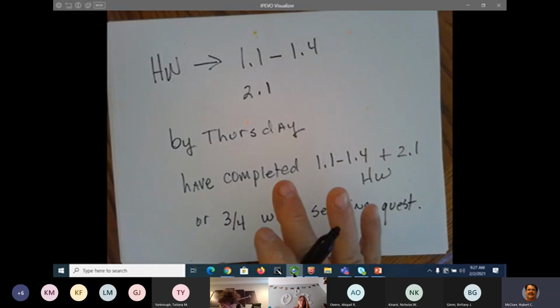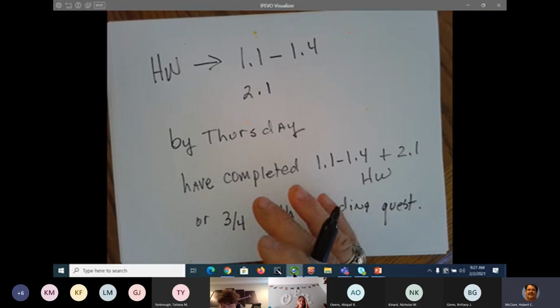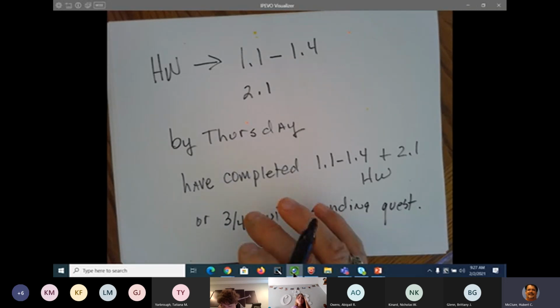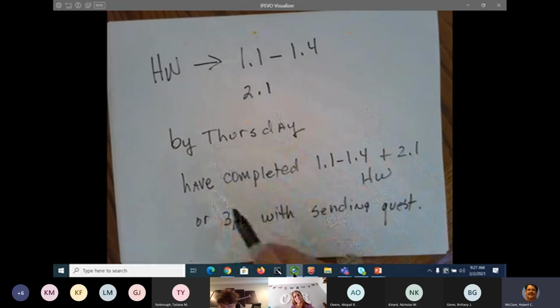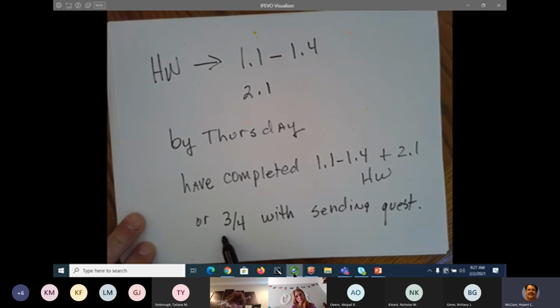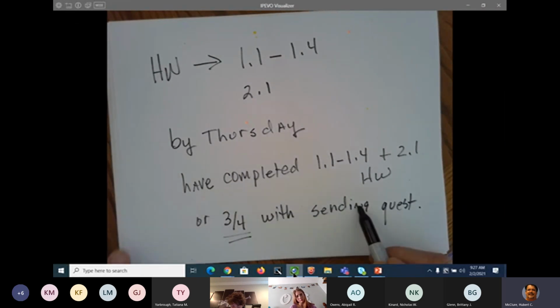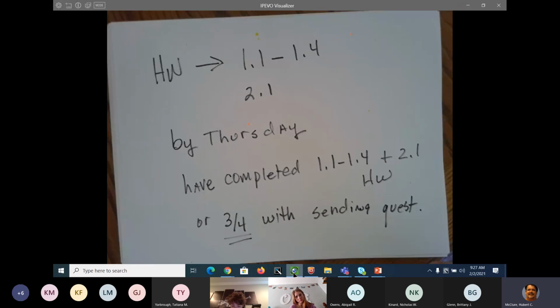So if you want to be up with the class and not behind, you need to have this done by Thursday, or you need to have 3/4 of the homework done with the rest of it sent to me because you couldn't do it.